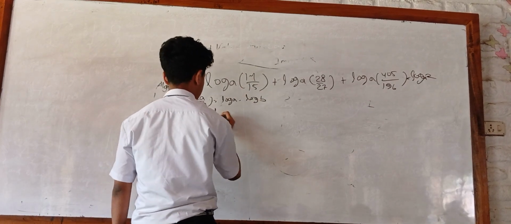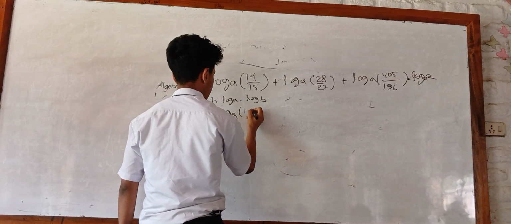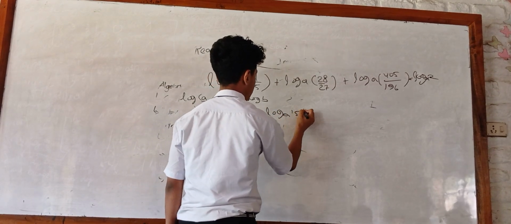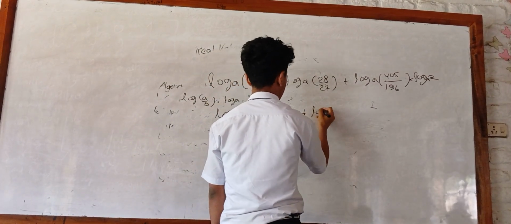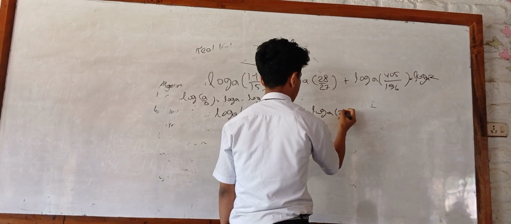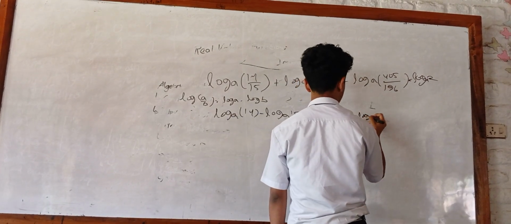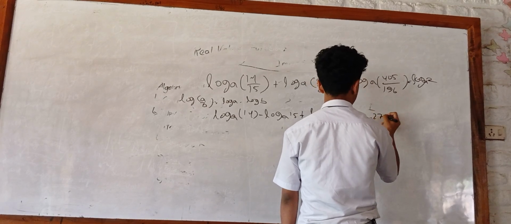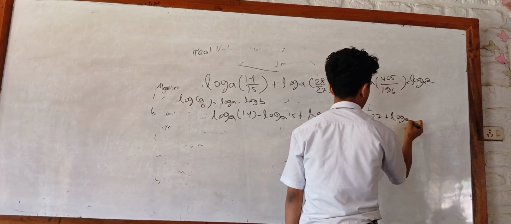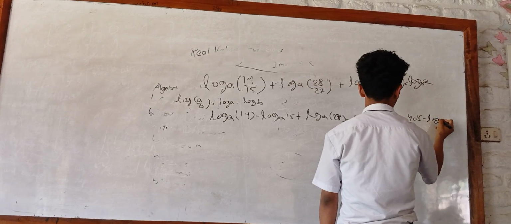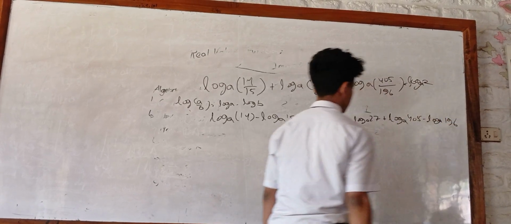Doing this, we will get something like minus log 15/28 minus log 27 plus log 405 minus log 196.